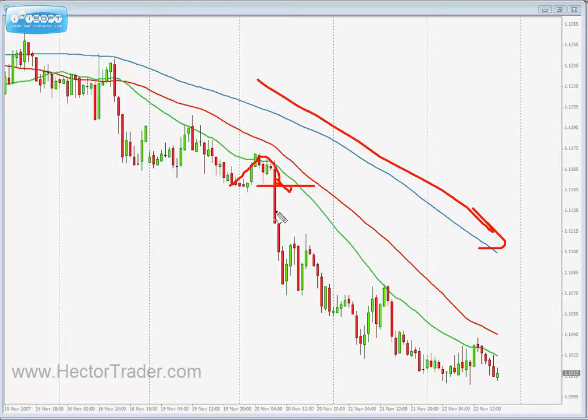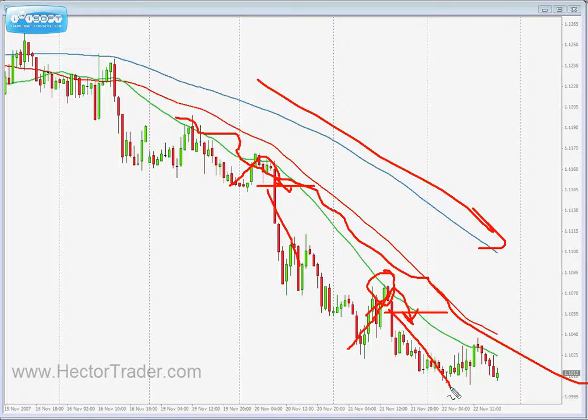Bang, trigger short entry, write it down. Next opportunity, same thing, retracement up to the dynamic area of resistance. Search for a reversal formation. If I do see a reversal formation, if we do get a bounce down off that level, trigger your short entry, bang, write it down.